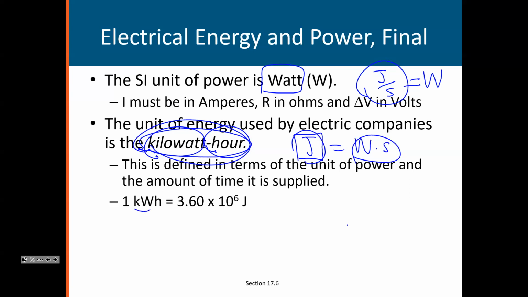I can see what 1 kilowatt hour means, how many joules it is, because kilowatt means 10 to the power 3 watt. Agree? Hour means how many seconds? 3,600 seconds.